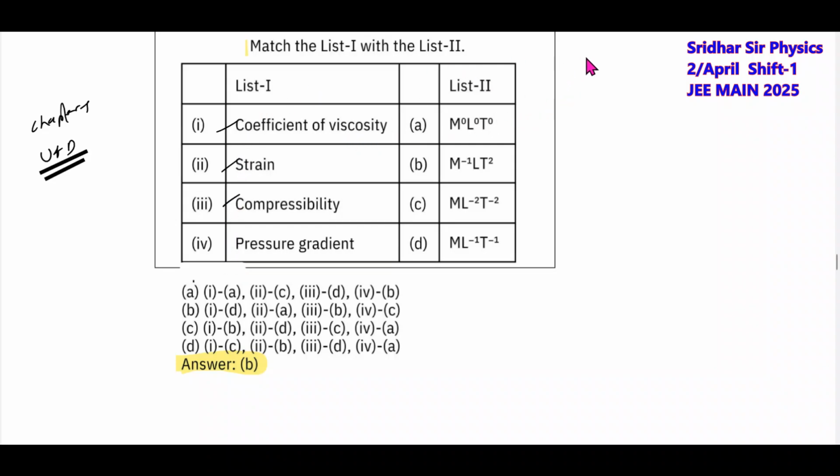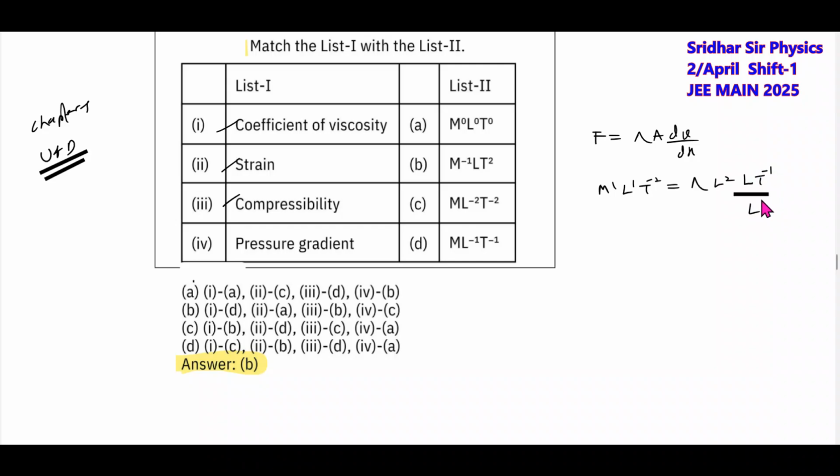Directly, the coefficient of viscosity formula: F equal to eta A dv by dx. If you know that, directly you can manage. So this will be M1 L1 T minus 2, A is L square, and velocity is L T minus 1.